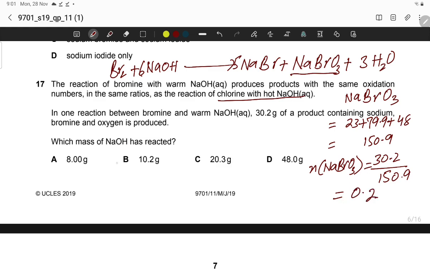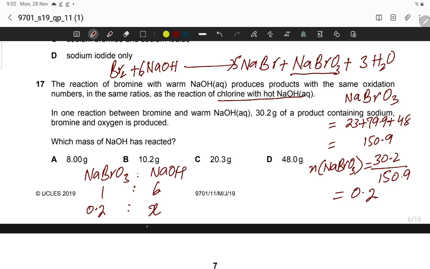Now by using mole ratio, NaBrO3 to sodium hydroxide is 1 to 6: 1 mole is produced by reacting 6 moles. Now when 0.2 moles are produced, what mole of sodium hydroxide is required?